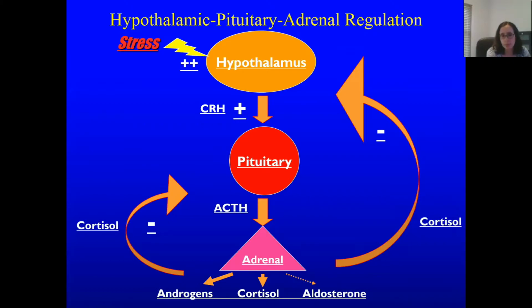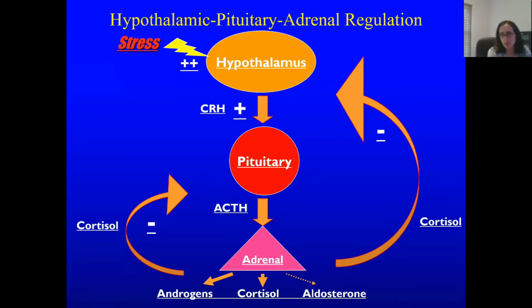In endocrine, we all run on feedback loops. We love our feedback, our positive and negative feedback. So this is the hypothalamic-pituitary-adrenal axis. The hypothalamus produces corticotropin-releasing hormone, which acts on the pituitary gland, which then secretes ACTH, which then works on the adrenal gland and is responsible for cortisol production.